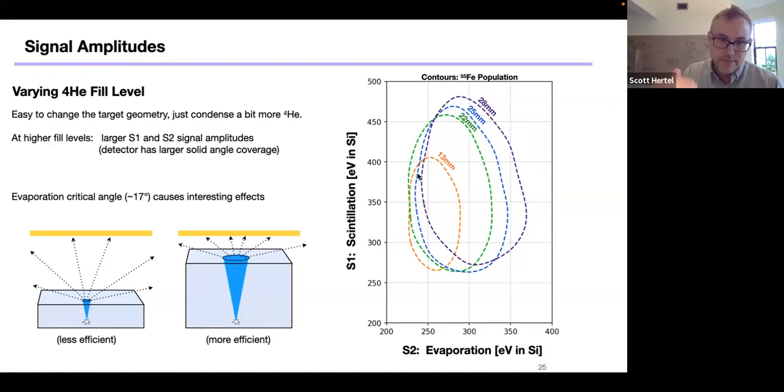So there's not that stable level. And you can see that's because there's this critical angle for evaporation, and there's this wide angular spread of the outgoing atoms. So the closer you get that liquid surface to the sensor, the more of the atoms you're collecting from the evaporation. So the solid angles work a little bit differently for the two different signals.